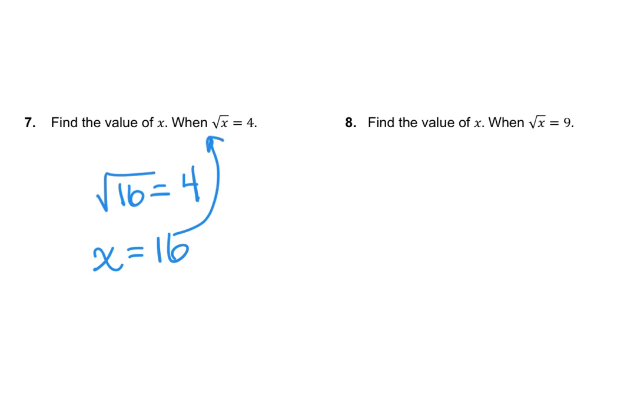So again, find the value of x when the square root of x is equal to 9. And remember, to undo that, you would take 9 times 9, which is 81, and the square root of 81 is 9, so x is equal to 81.